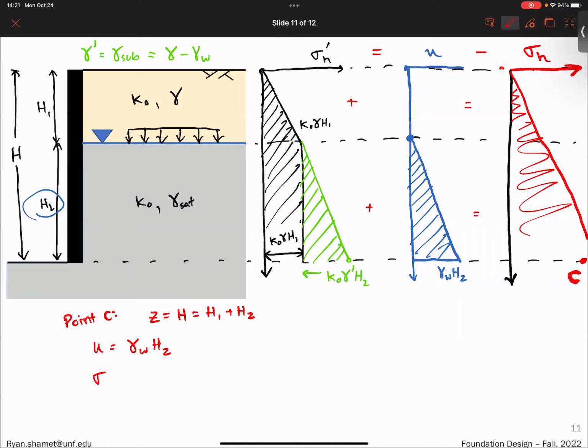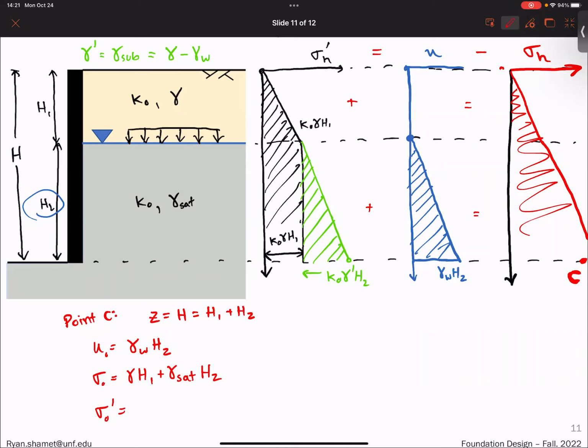The total stress would be the unit weight times H1 plus gamma saturated times H2. And the effective, sorry, these are the vertical ones, so these are the vertical stresses.